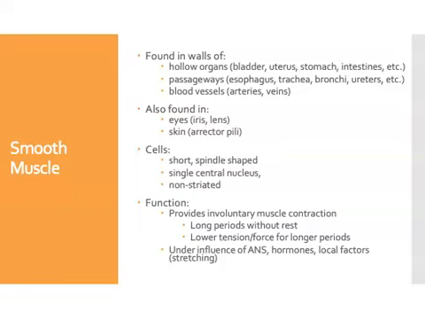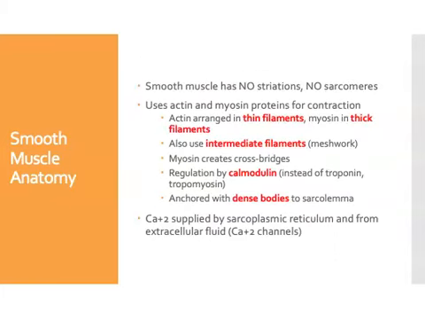That and the fact that they're not striated, they don't have sarcomeres in them. They have no striations, they have no sarcomeres, but they do have thin filaments and thick filaments. They do have these actin-based thin filaments and myosin-based thick filaments. They're just arranged differently.